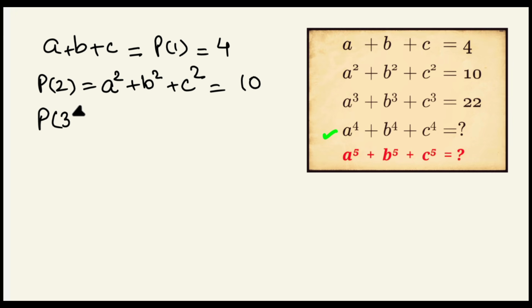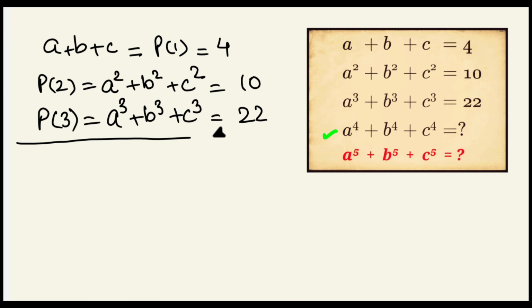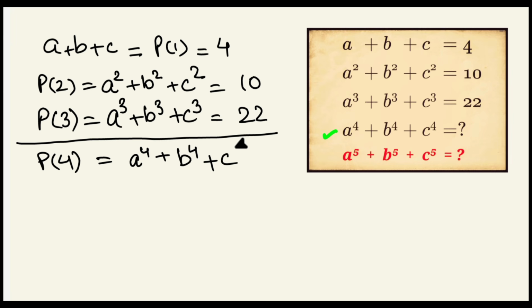Likewise, p3 is a polynomial of degree 3, a³ plus b³ plus c³, and the value is given as 22. So these three are given. And in this question we have to find the value of p4, which will be a to the power 4 plus b to the power 4 plus c to the power 4.